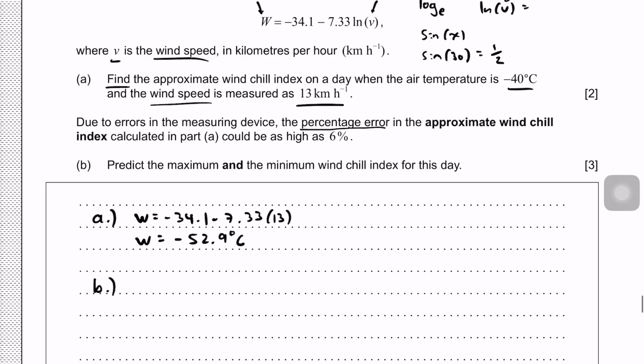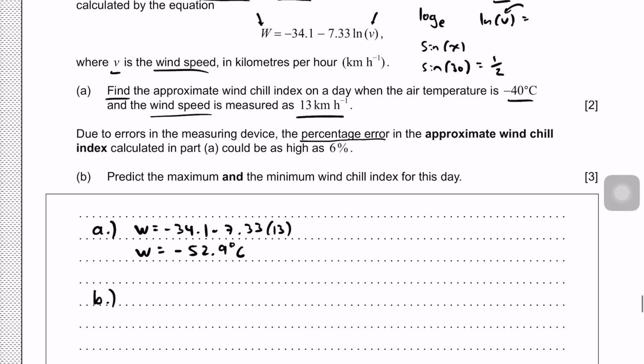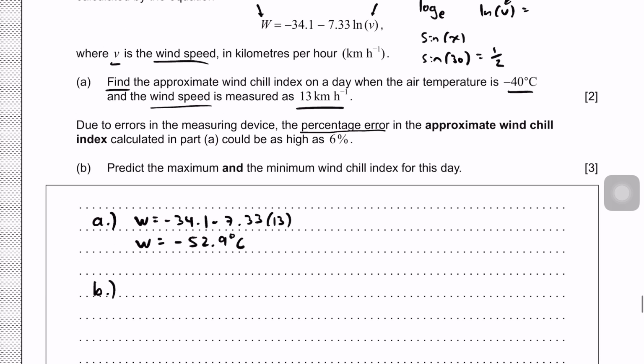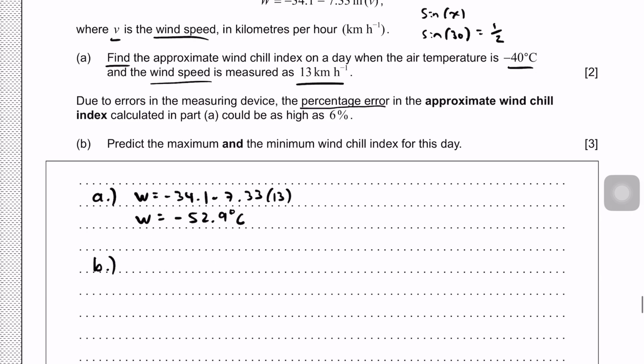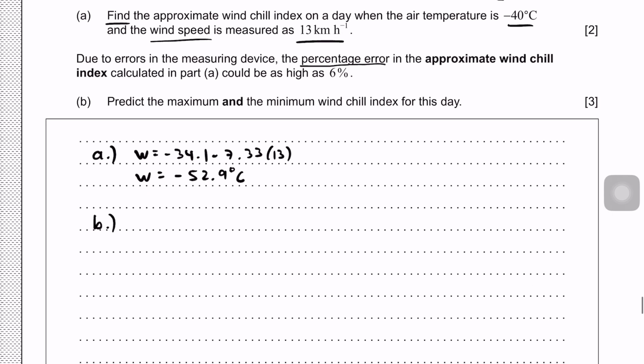So what are they telling us? Due to some kind of measurement error, the value that we have right here, this negative 52.9 degrees C, is not the exact value. It could be a deviation by as much as 6% from the exact value. And so maybe let's just draw some kind of diagram to represent this. So let's imagine this point right here is our exact value.